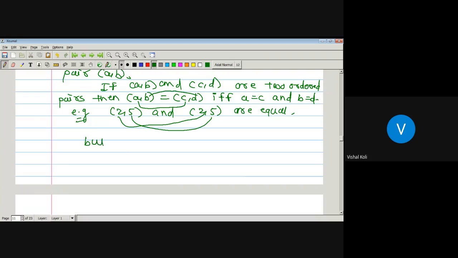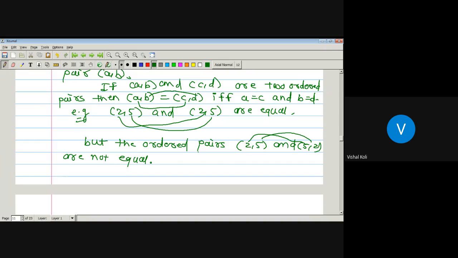But the ordered pairs (2, 5) and (5, 2) are not equal, since 2 is not equal to 5 and 5 is not equal to 2.